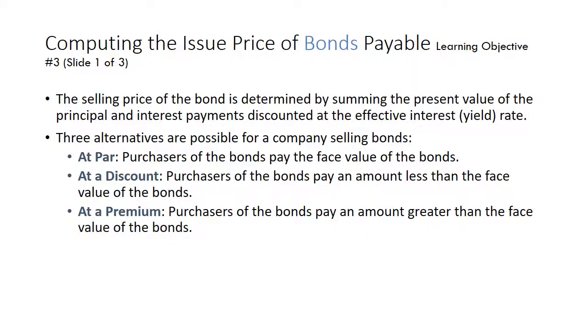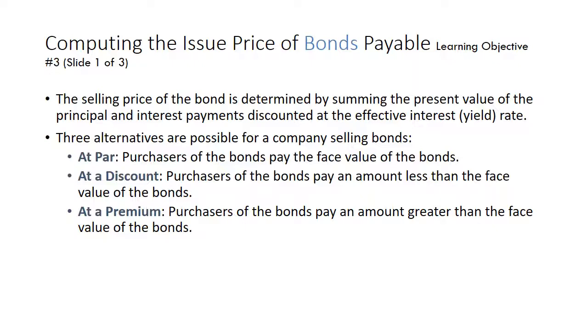And then finally, a premium. The opposite could happen as well. A premium is when the purchaser pays more than the face value of the bond. When would this happen? Our stated rate of interest on our bond is 8%. The market rate is 7%. Think about it from a purchaser's perspective.